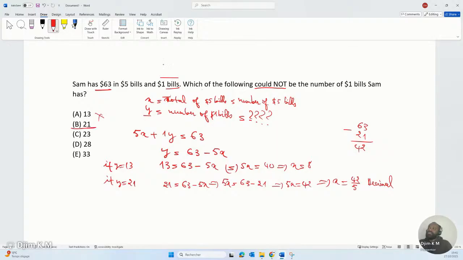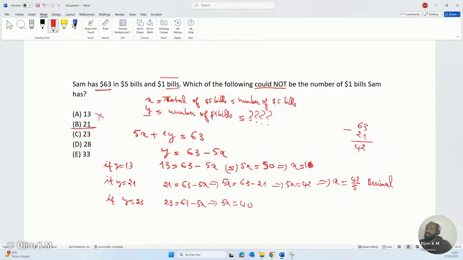You will see that if we try with the three remaining options here, x will be an integer. So if y is 23, 5x will be equal to 63 minus 23, which is 40.